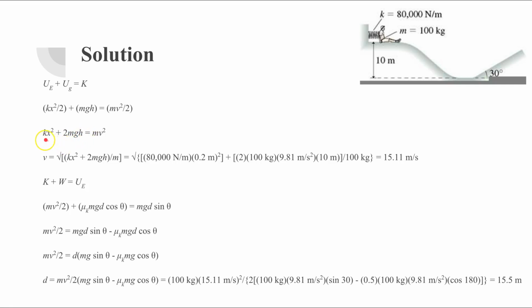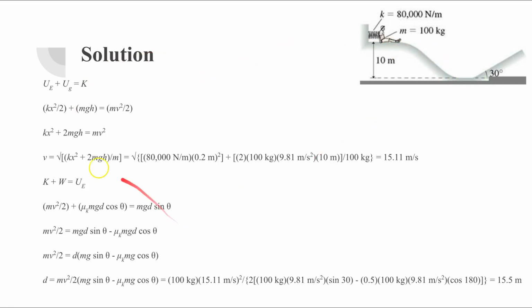Divide by m and take the square root: v equals the square root of (kx squared plus 2mgh) over m, which is the square root of 80,000 newtons per meter times 0.2 meters squared, plus 2 times 100 times 9.81 meters per second squared times 10 meters, all over the mass of the man, 100 kilograms. That equals 15.11 meters per second. See, that was not hard, right?